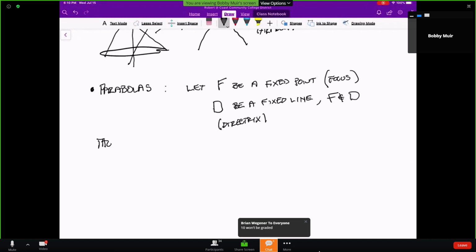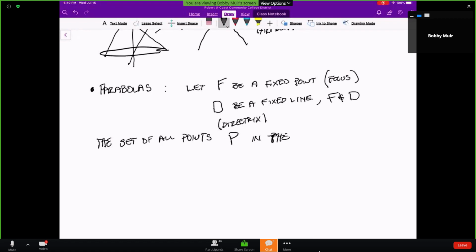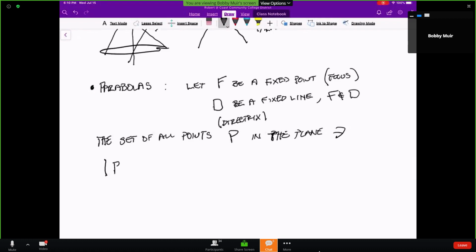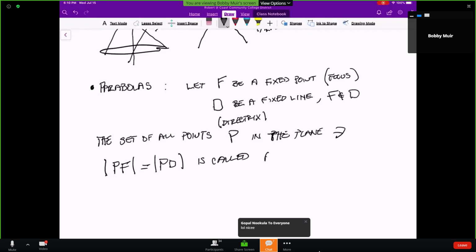A set of all points P in the plane such that the distance from P to F equals the distance from P to D is called a parabola.